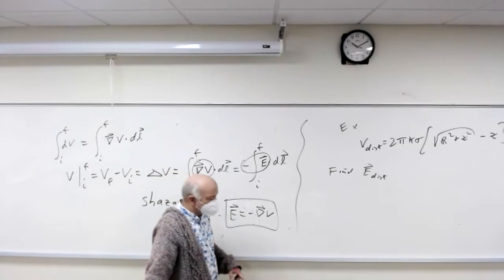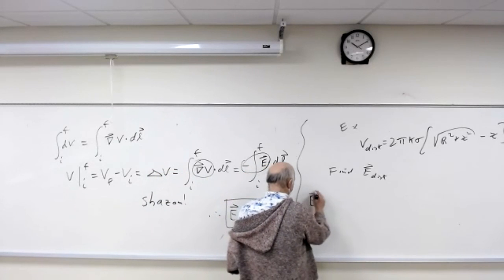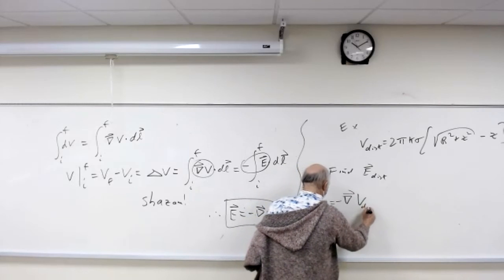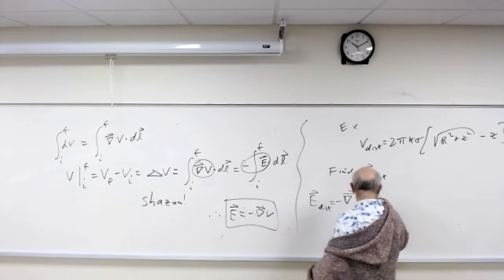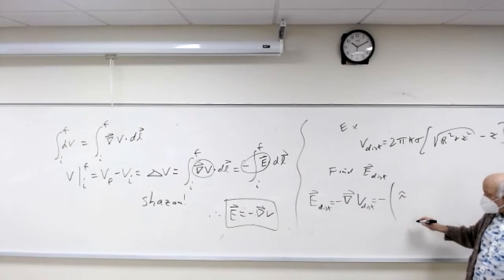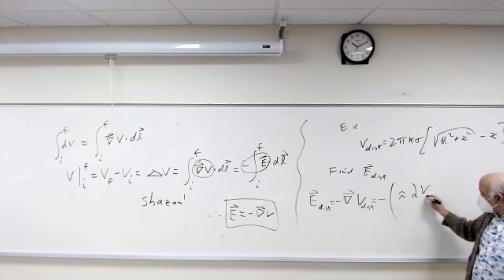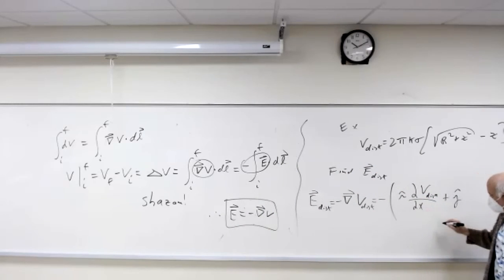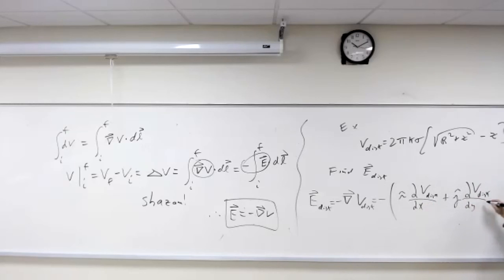The claim is that E is the negative gradient of V. And what's our gradient operator equal to? Partial of V of the disk with respect to x, i hat, plus partial V with respect to y, j hat, plus partial V with respect to z, k hat.